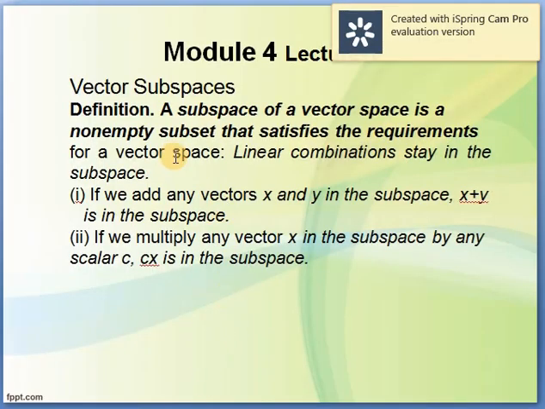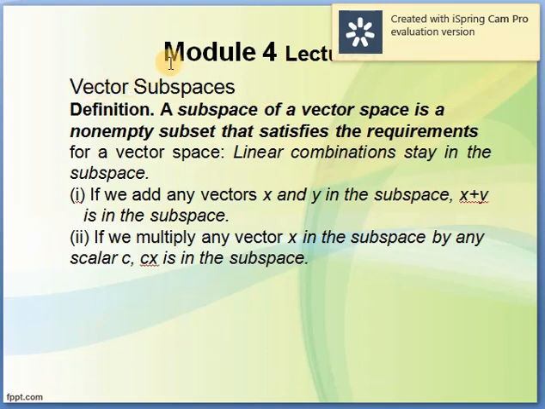Now let's go for learning what is a subspace. A subspace is just like a subset. A subset is one which has a few components of its parent set or its main set. In a similar way, a subspace is one which has some components of the main or parent vector space.